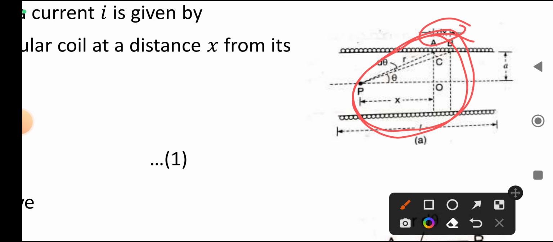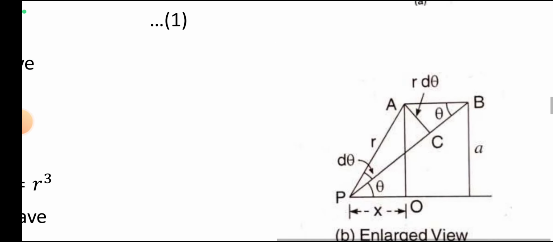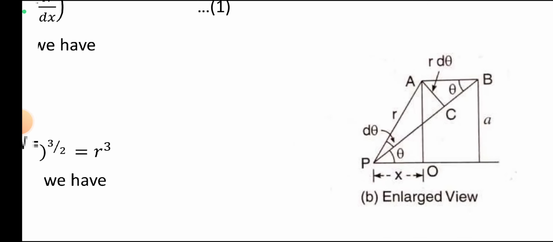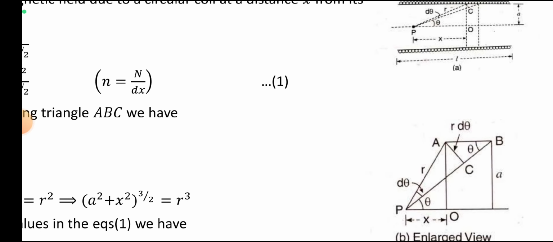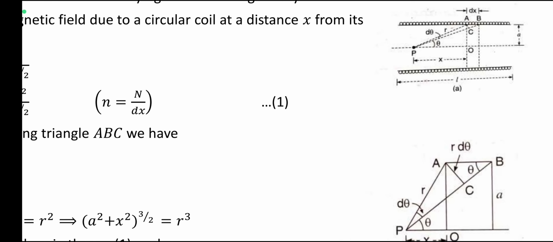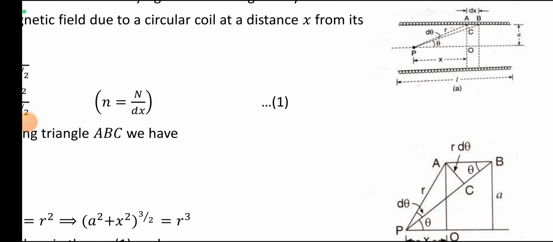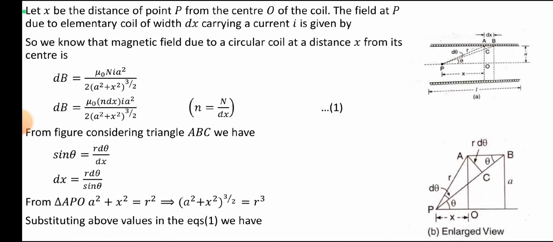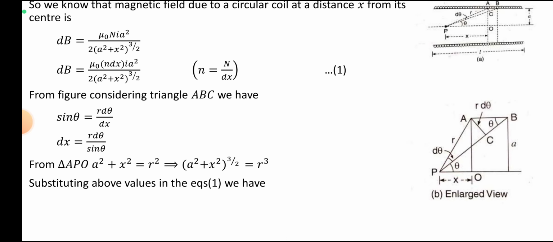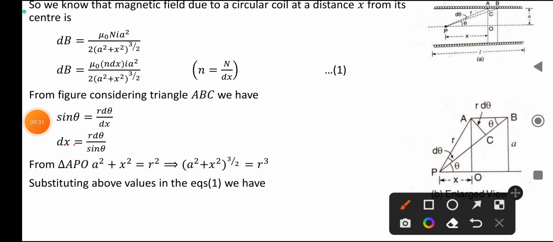In the enlarged view, here are points A, B, and O; only the upper part is taken, not the lower part.